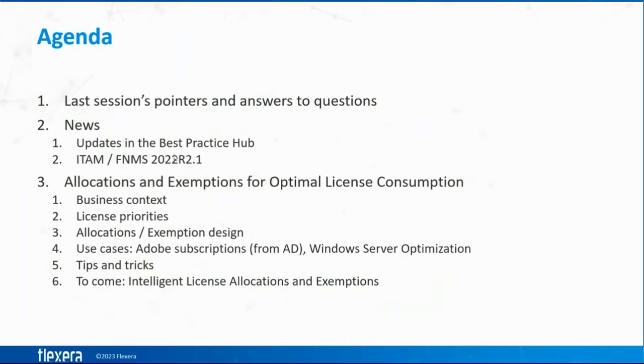We will then go through a list of tips and tricks, and open to the coming intelligent license allocation and exemptions feature, which follows the previous one released back in December this year, the intelligent license restriction. Let's move on.